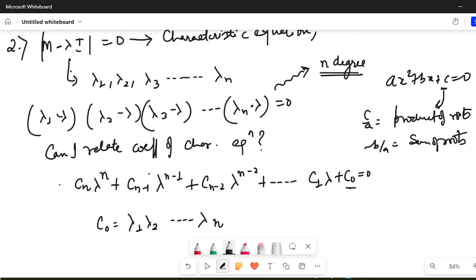And just next to this, Cn minus 1 equals minus 1 raised to the power n minus 1, times lambda 1 plus lambda 2 dash dash dash lambda n.